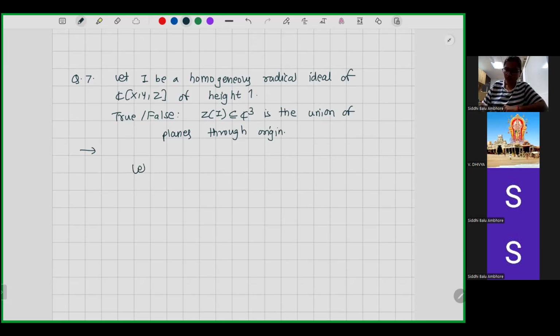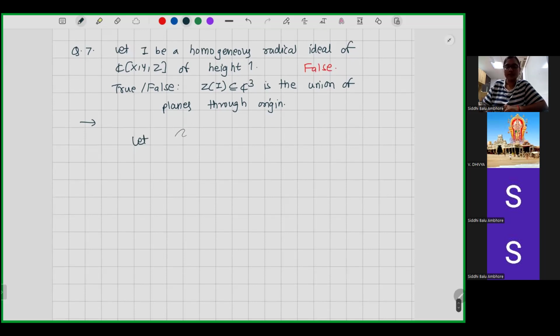Okay, so this is not true actually, because we can generate an ideal of our kind such that its zeros need not be planes passing through origin. When we have to generate a zero set of a polynomial, we have some kind of liberty there.